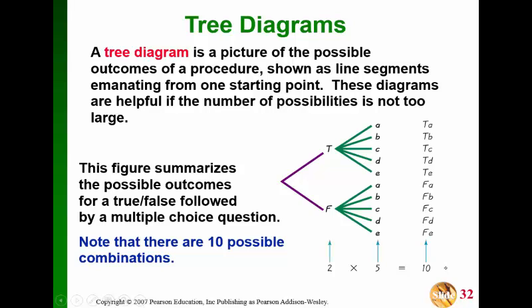Part of this is the multiplication, more towards the counting section that we're going to skip, because this is really counting the number of outcomes in your sample space. The first question has 2 choices, the second question has 5 choices, and so the total number in your sample space would be 10, so it would be 2 times 5.